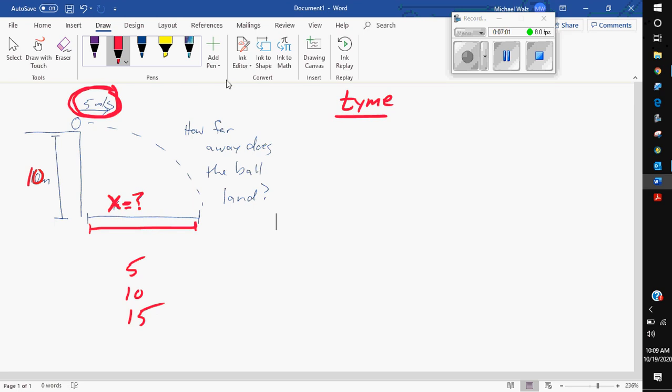Okay, so the time that something falls, if the velocity in the y direction is equal to 0, it's equal to the square root of 2x, and this x is this height here, okay? So x is used for a lot of different things.